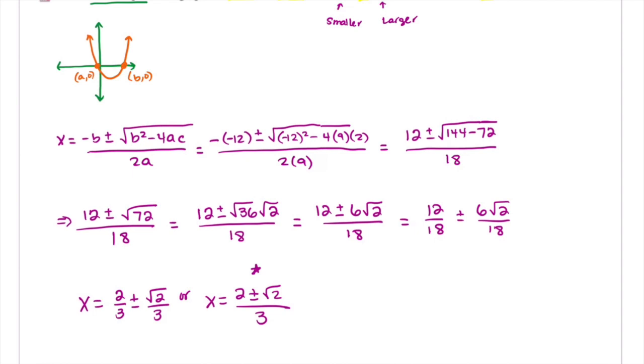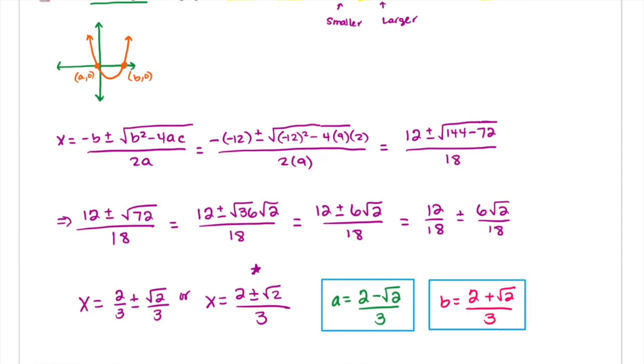Again, the value of A is the smaller value. So A in this case would be you taking 2, subtracting rad 2, dividing that by 3. And to get your larger value, B, you would take 2, add rad 2, divide by 3.